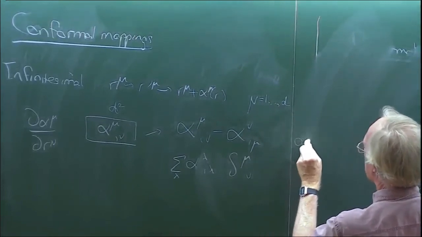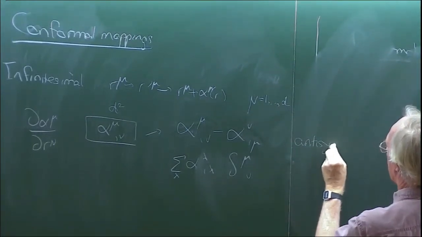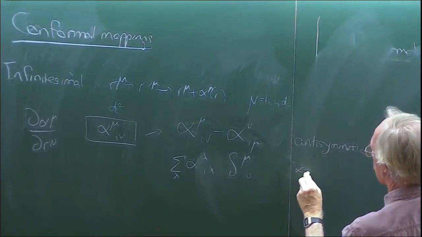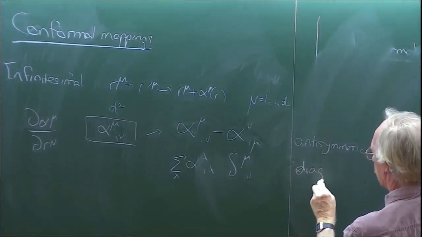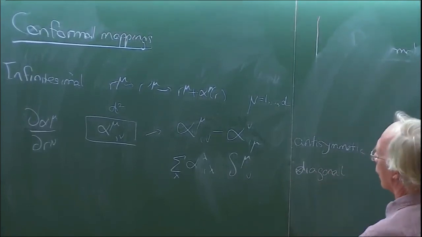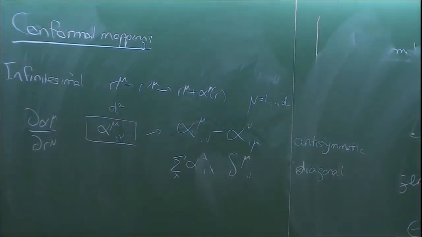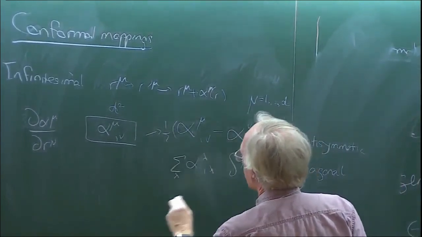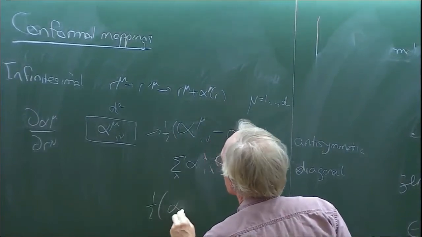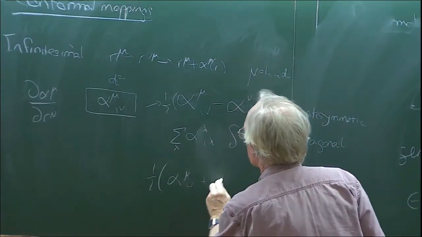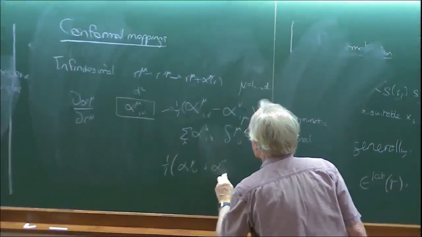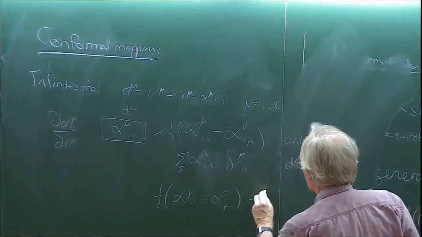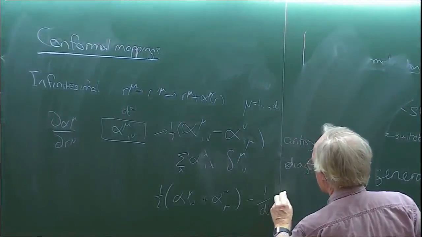So this is diagonal. And then the other pieces which I haven't written, I'll put 1/2 there, is the symmetric traceless part. And so there's something like a 1 over d, this thing here.